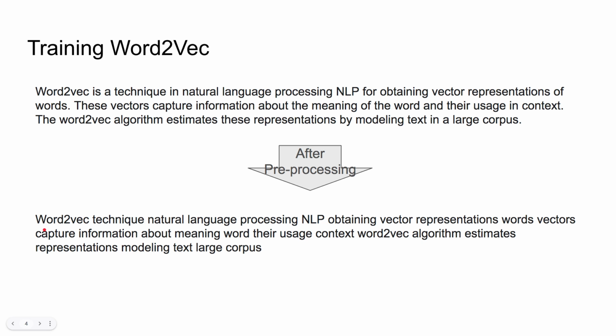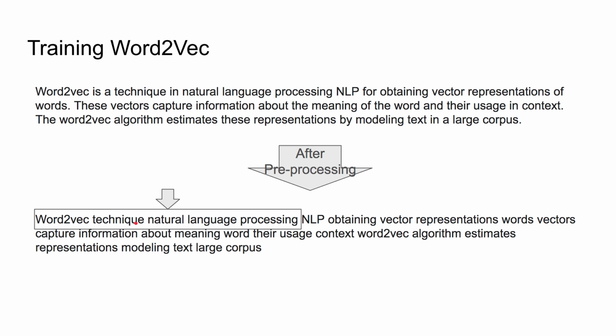We get rid of the stop words, the punctuations, and we start with essentially a window of 5 words, and the window size can vary based on your training requirements. So in this, the window size is 5, where we consider 5 words, and the middle word is the target word, and the remaining words to the left and to the right are the context words.